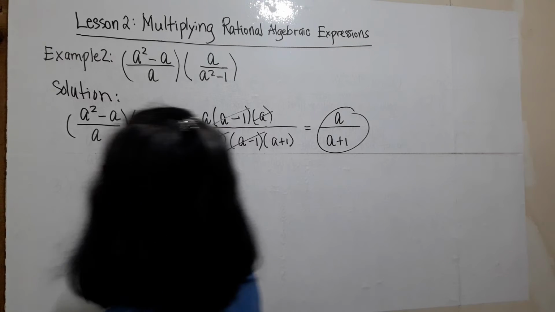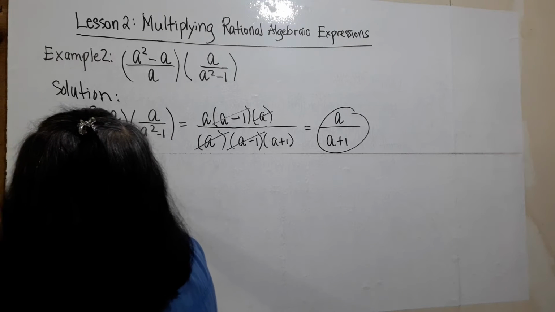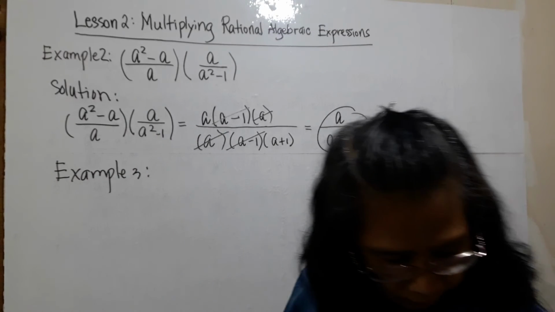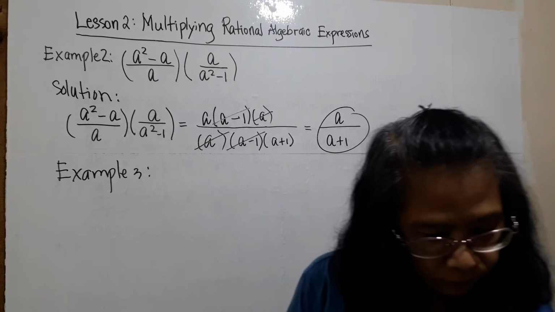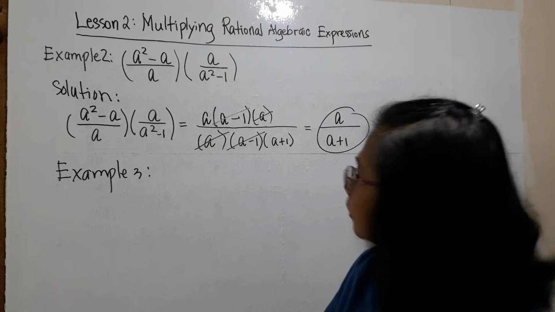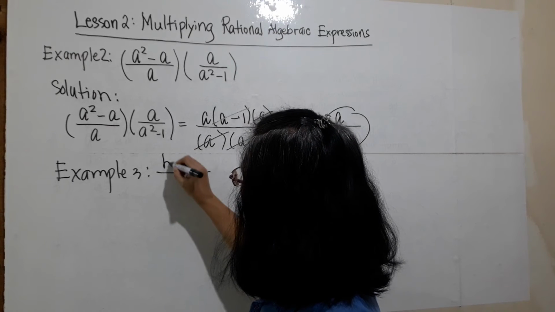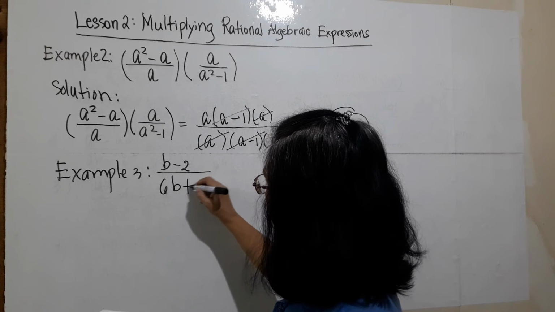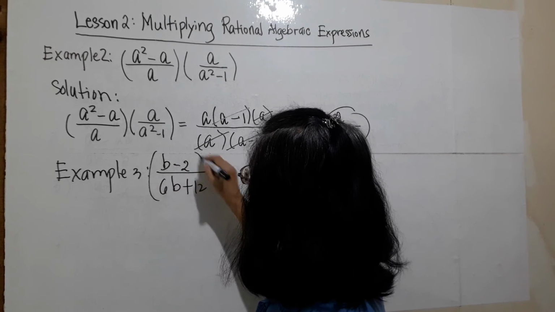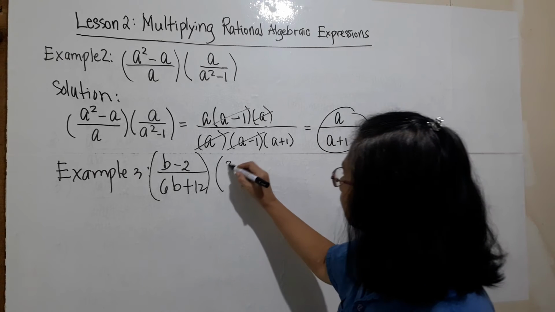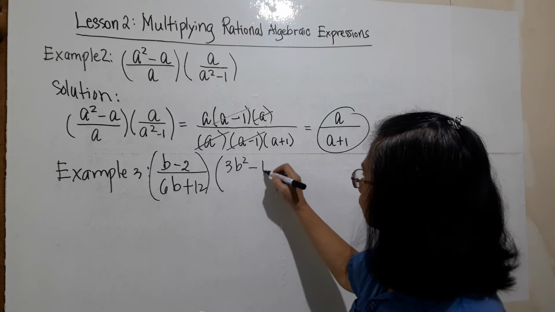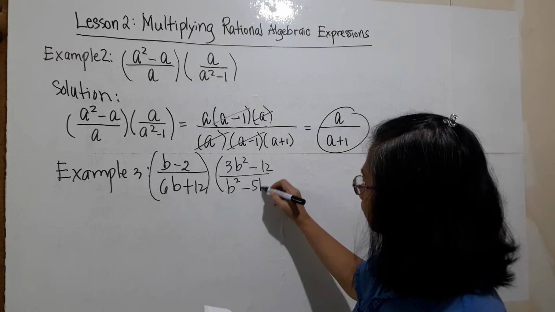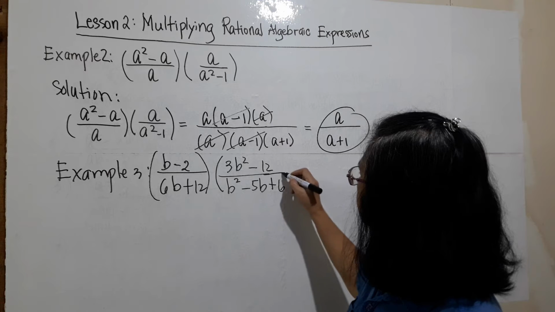Let us have example number 3. For example number 3, we have b minus 2 over 6b plus 12, multiplied by 3b squared minus 12 over b squared minus 5b plus 6.